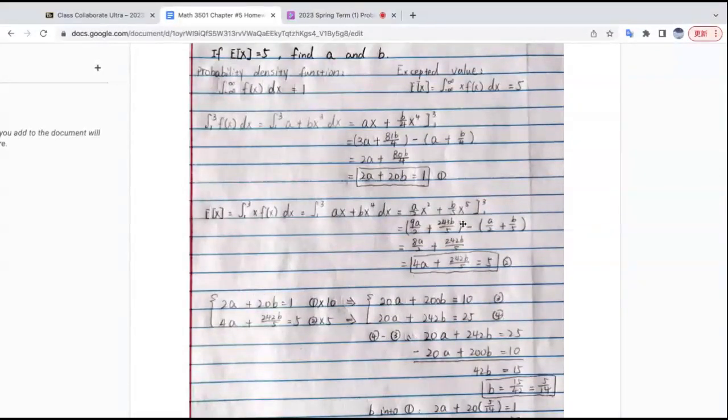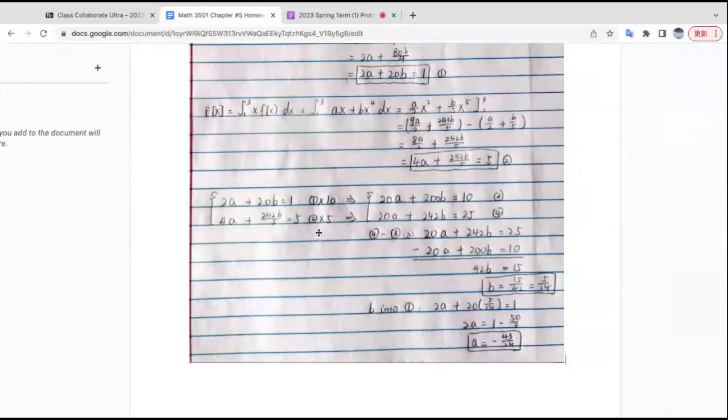Plug in x equal to 3 minus x equal to 1, and we get 4a plus 242b over 5 is equal to 5. That's equation 2.